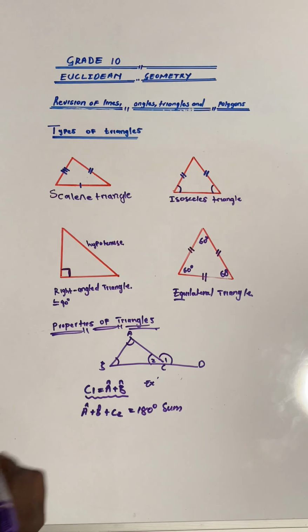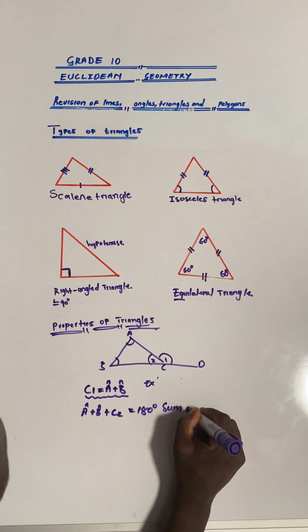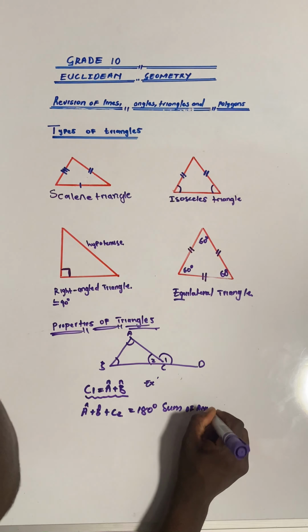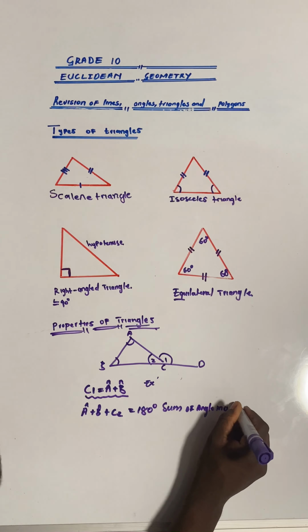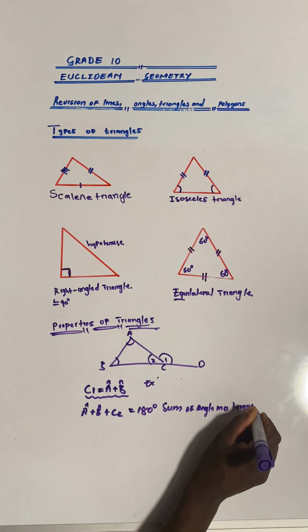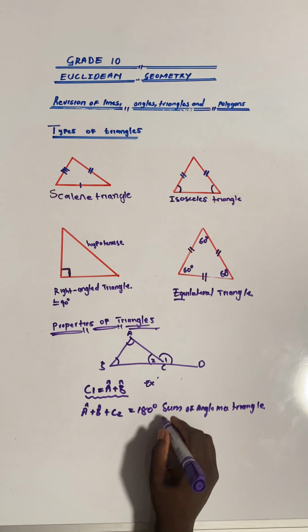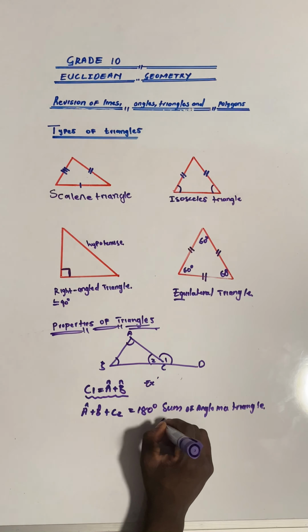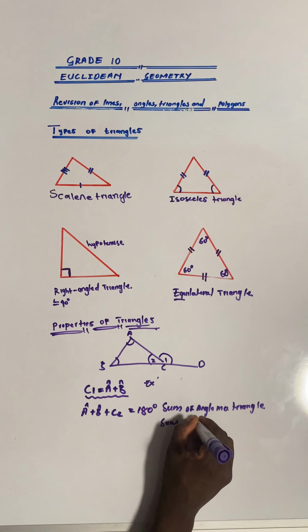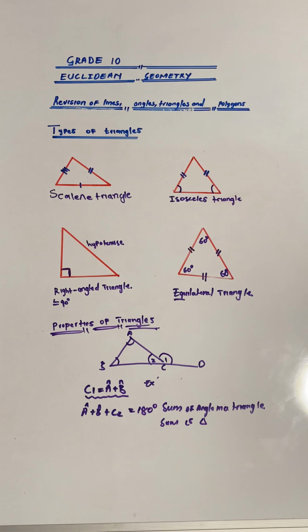The sum of angles in a triangle, right? So I'm writing this in full and not in abbreviation so that I'm not losing you guys. Or when you're now used to abbreviation, you can say sum of angles in a triangle, right? That's as simple as how you can write it if you don't want to be writing it in longer notations, right?